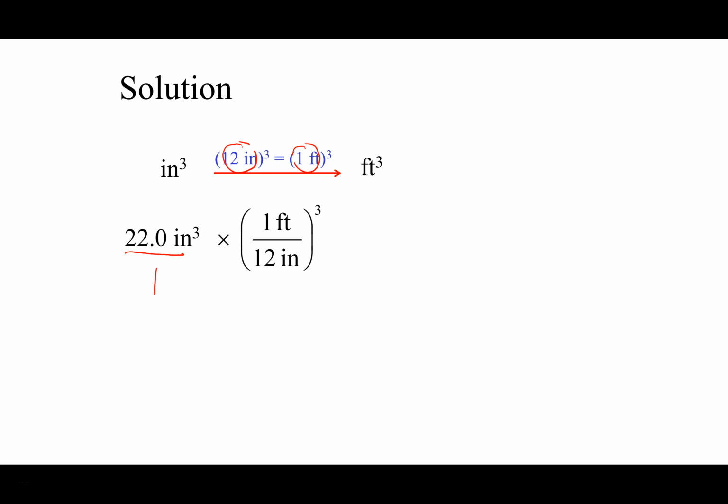This time you can see I just put 1 foot over 12 inches, the whole quantity, cubed. As I have it set up, inches cubed will cancel, leaving feet cubed. That's it.